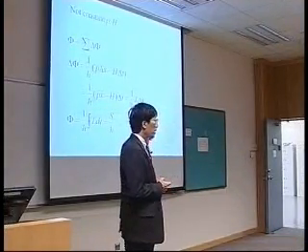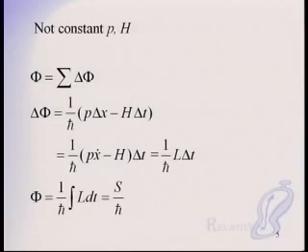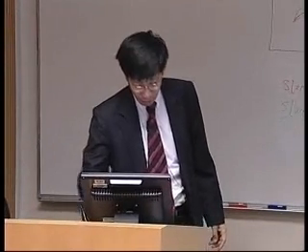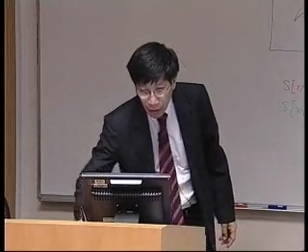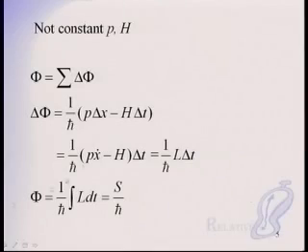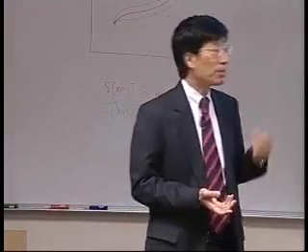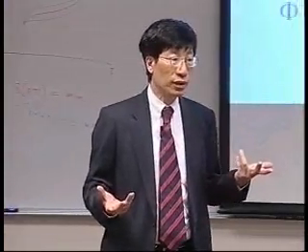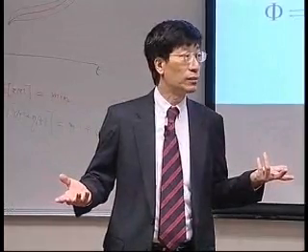So I write this delta x as x dot delta t. Is that right? Now, you recognize the bracket as p x dot minus H. And that is, of course, just the Lagrangian.